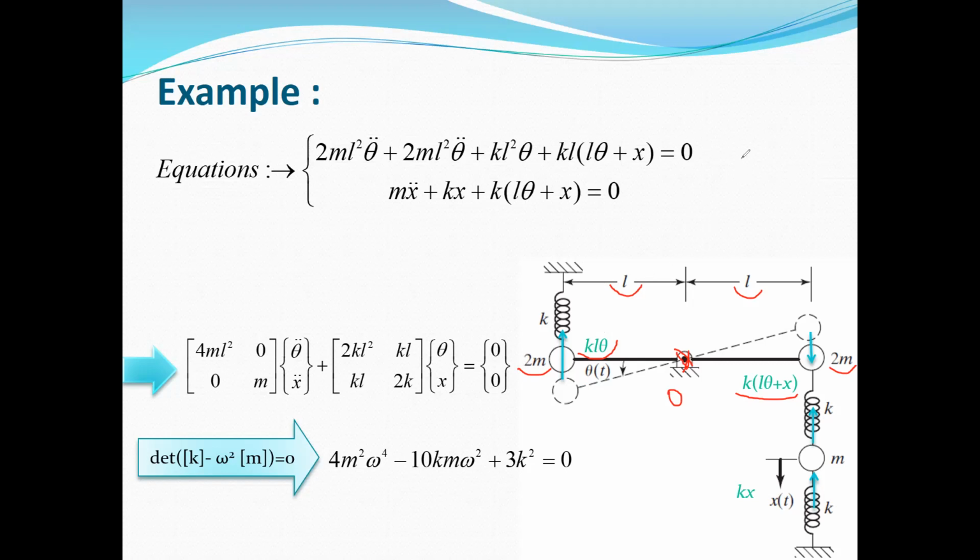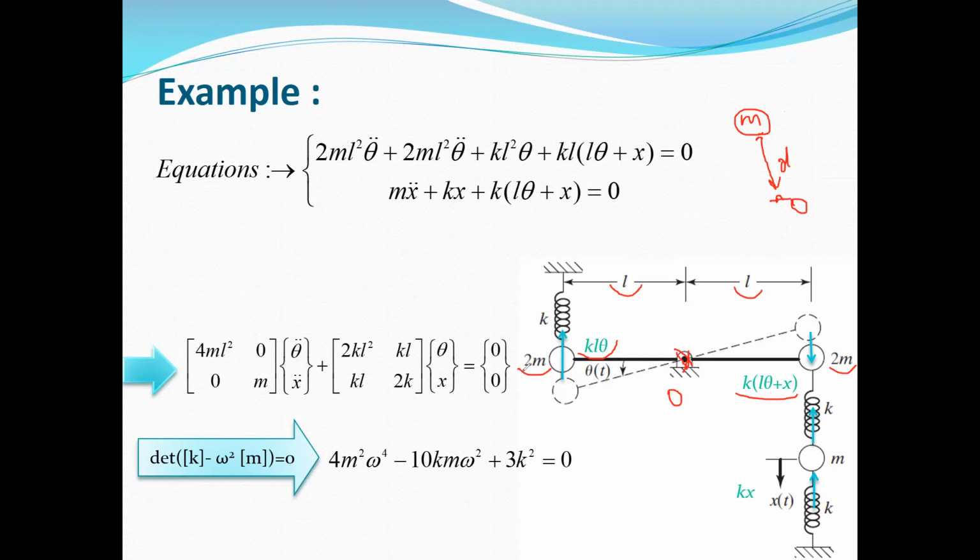You know that for a particle with mass m at a distance d from point O, the mass moment of inertia about point O is equal to m d squared.